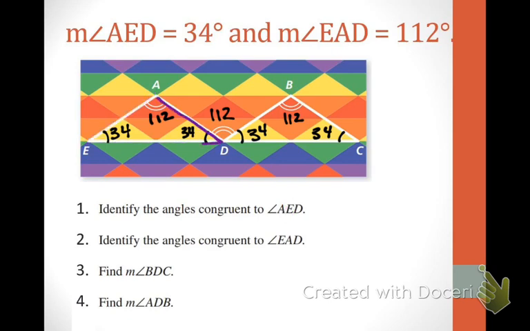So we have this one. How would we name the angle I just highlighted? ADE. Could I have named it angle D? No, why not? There's 3 angles. So if I said D, we wouldn't know which one we were talking about. That's why we use the 3 letters.